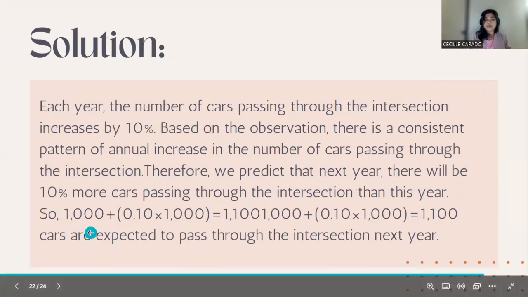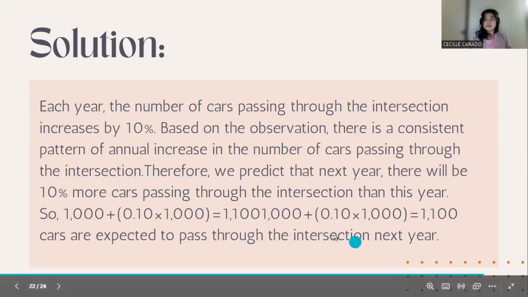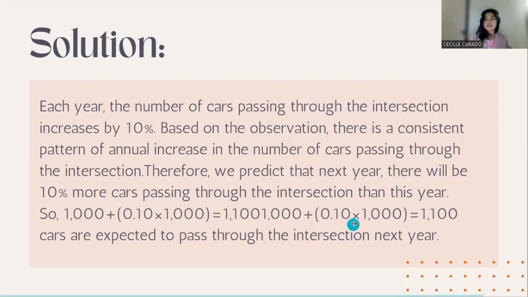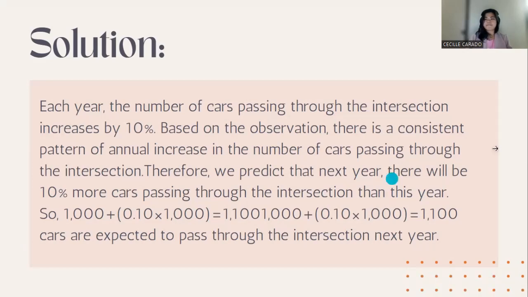So 1,000 plus 0.10 times 1,000 is equal to 1,100 cars expected to pass through the intersection next year.